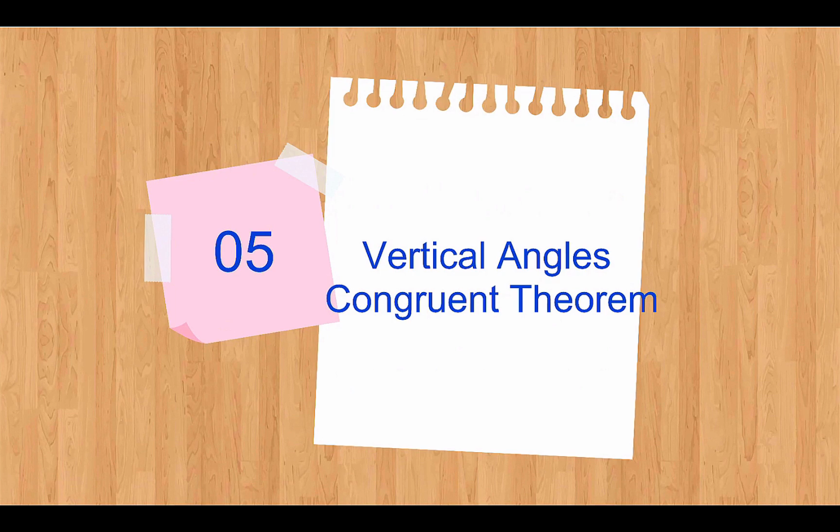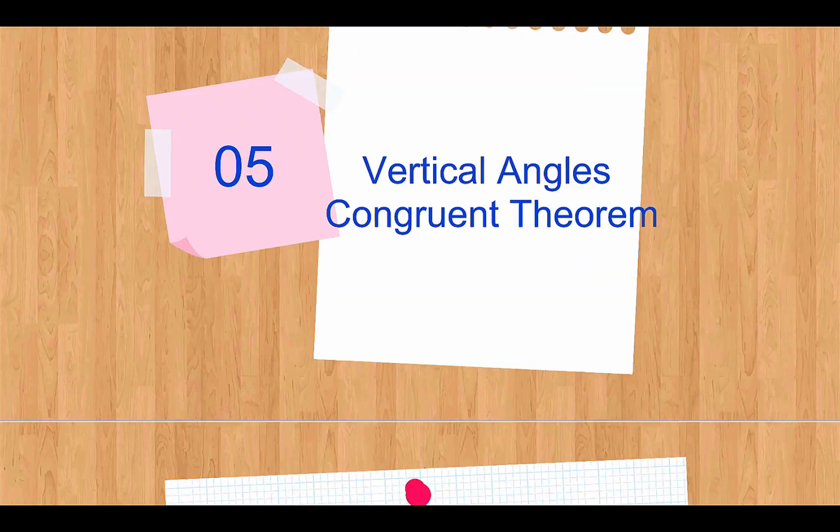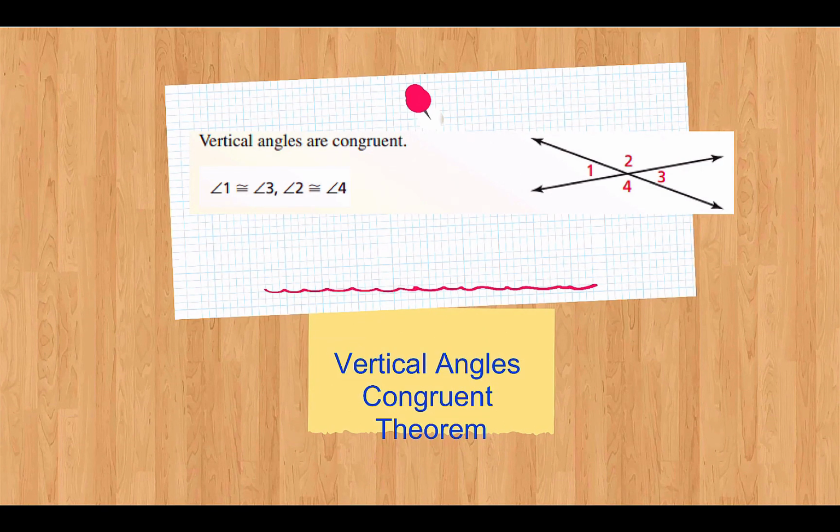And the vertical angles congruent theorem states that vertical angles are congruent. So remember, vertical angles are created by two lines that intersect. So angle 1 is congruent to angle 3, and angle 2 is congruent to angle 4.